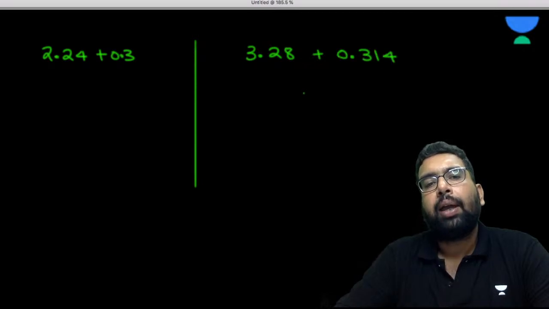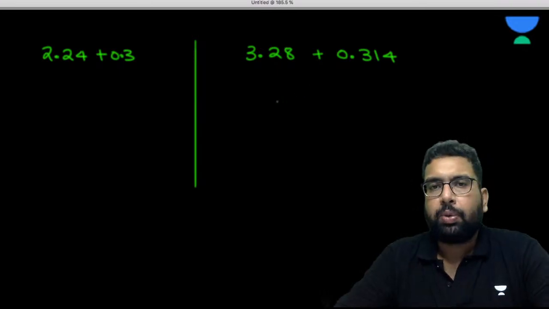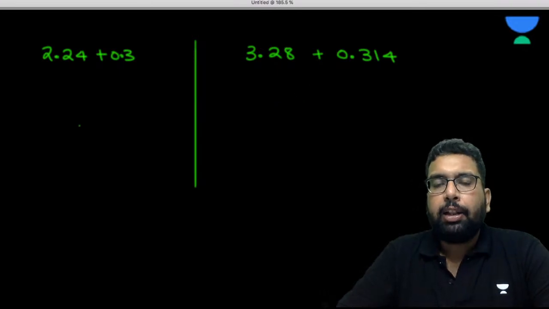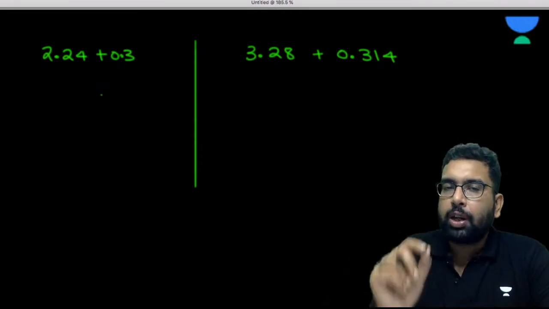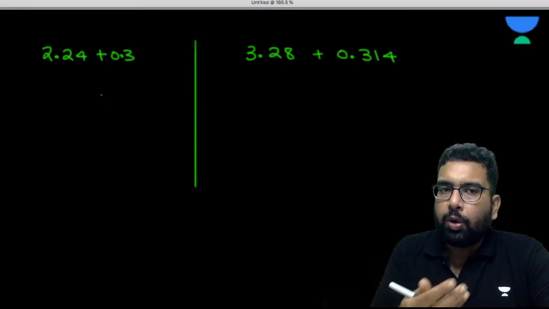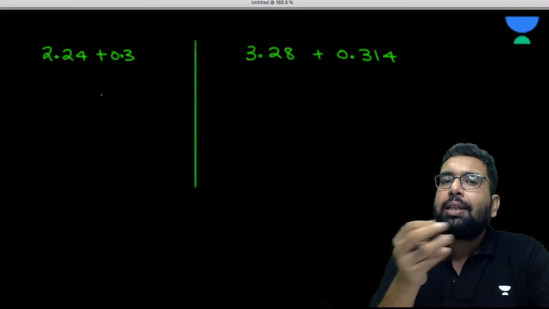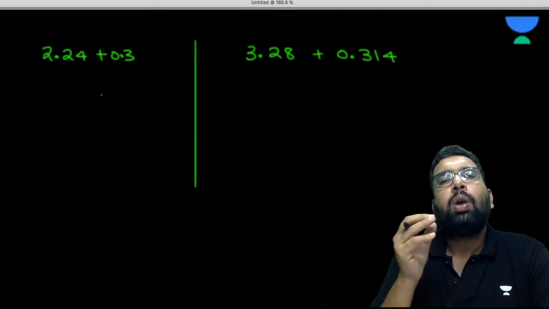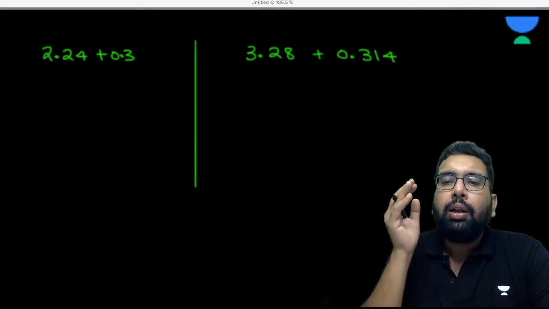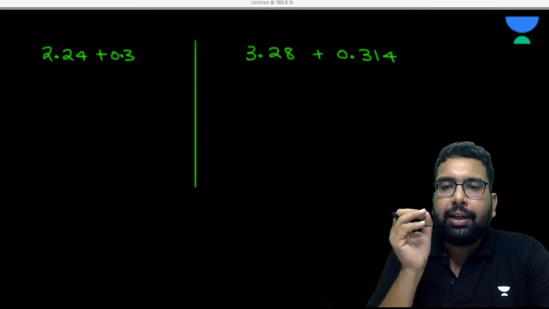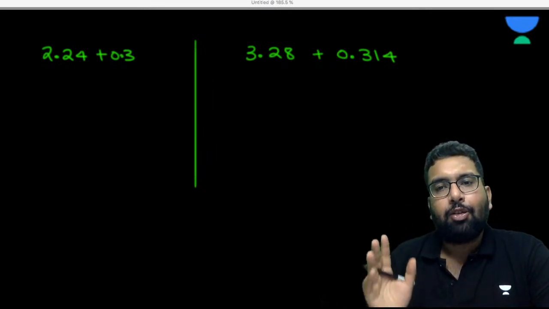Let's first do that. Please understand this: we don't have to reduce to the number of significant figures. We have to round off to the decimal places present in the value with the least decimal places.